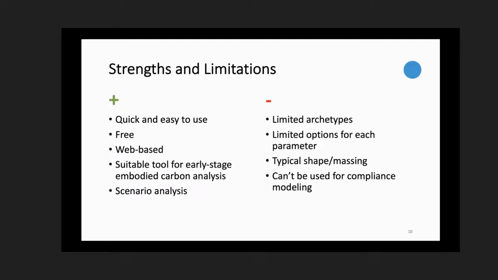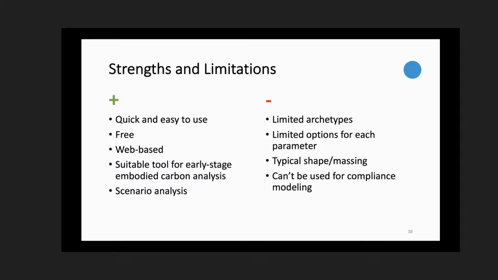And it looks at typical shape and massing. So if you have a custom, a little bit irregular design of the shape and massing, then it might not be a very suitable tool. And as Patrick will emphasize in his part, it cannot be used for compliance modeling.